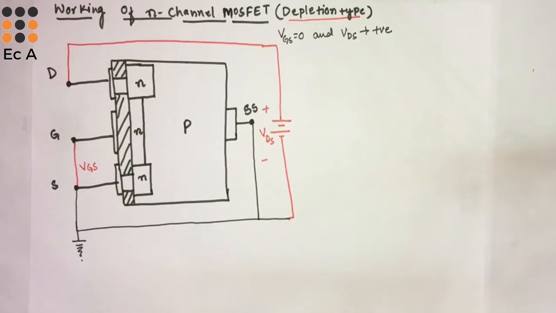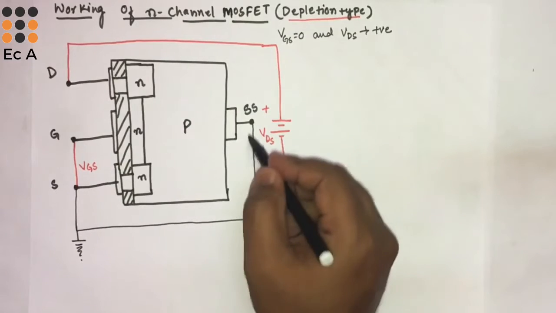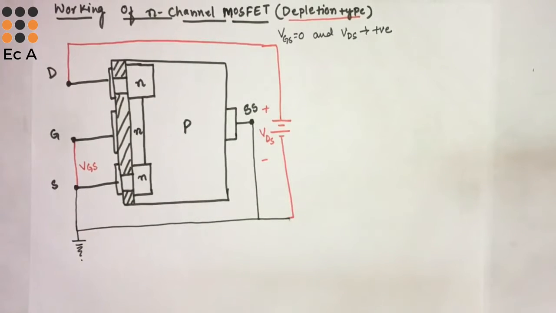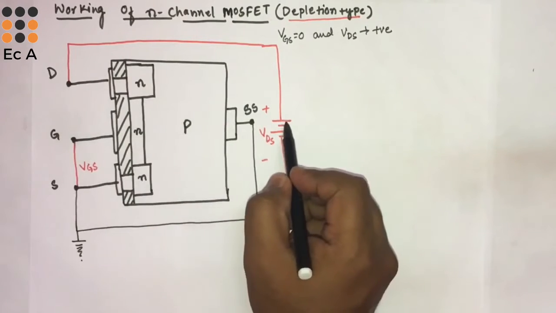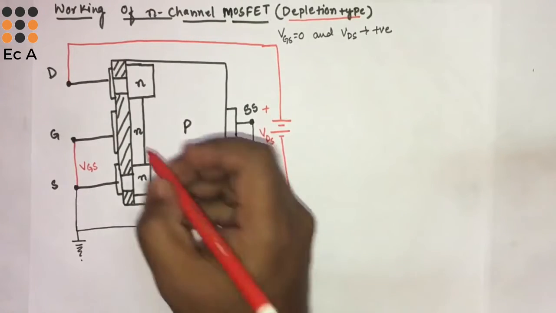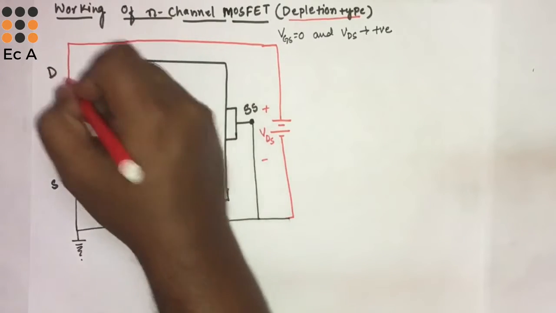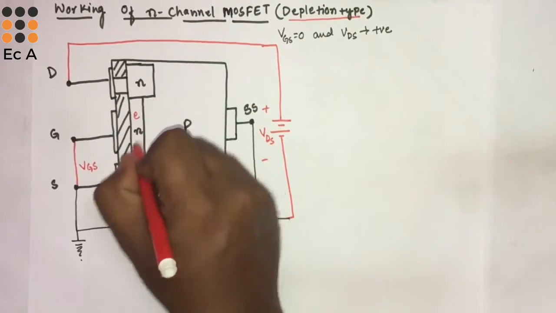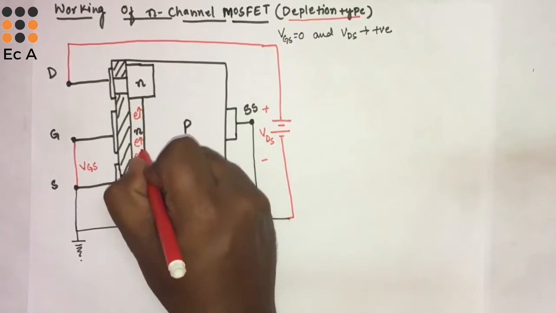Now we have made the connection where VGS is equal to 0 and VDS is some positive voltage. As we can observe here, the drain is connected to positive. Due to this, the electrons in the N channel will move towards the drain.